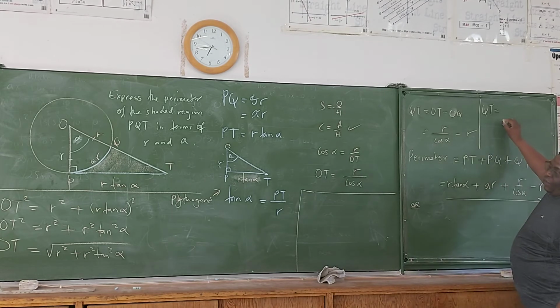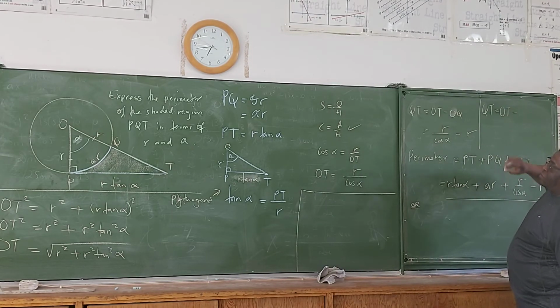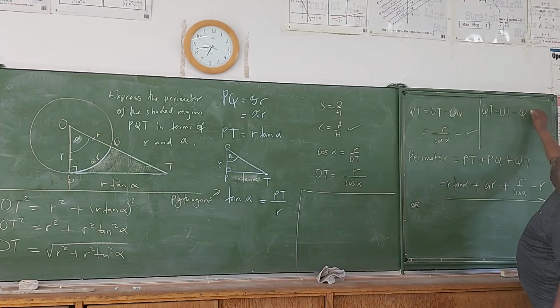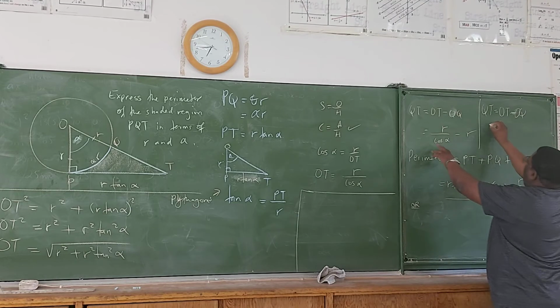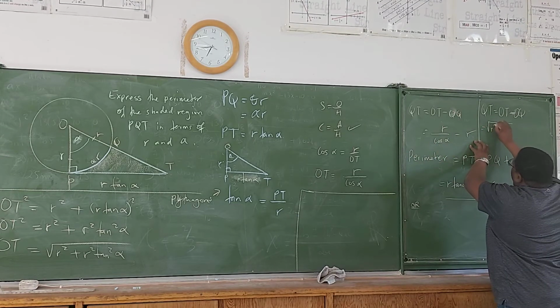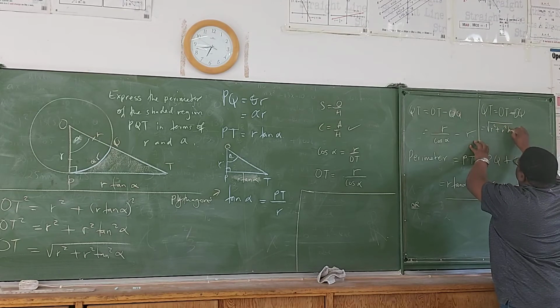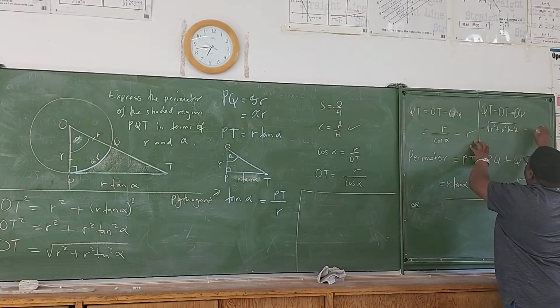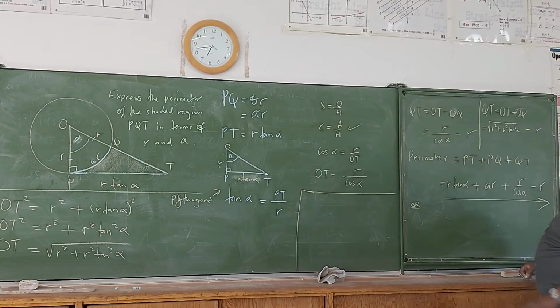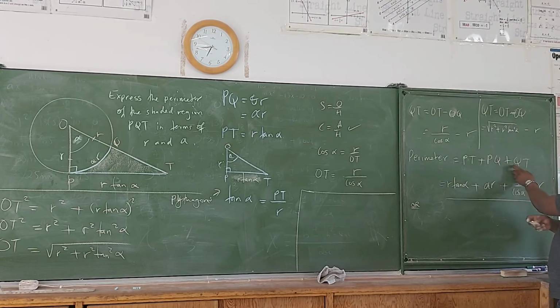That is going to be OT minus OQ. Our OT happens to be the square root of R squared plus R squared tan squared alpha, minus R. So that comes now in the place of this.